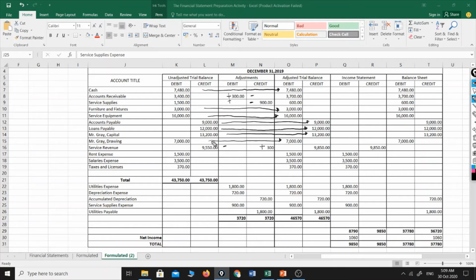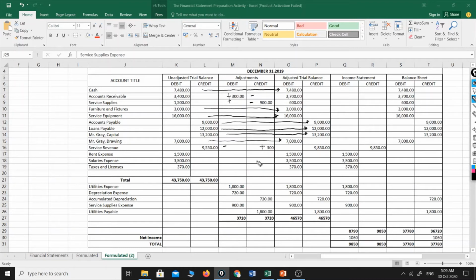from the unadjusted trial balance, and we reflect the amount from the adjustment section, 300. So in total, we have 9,550 plus 300, for a total credit balance of 9,850. Okay? Just take note. Its normal balance is credit.